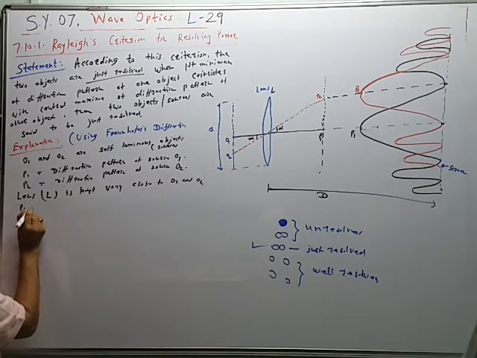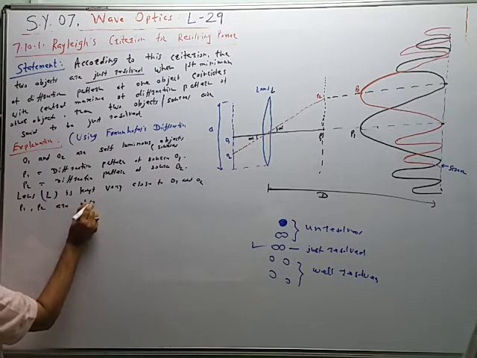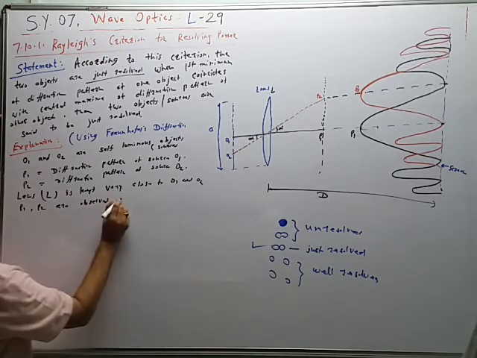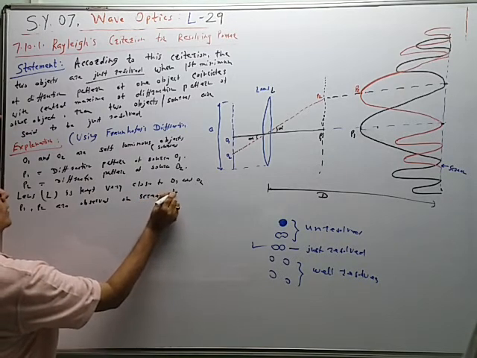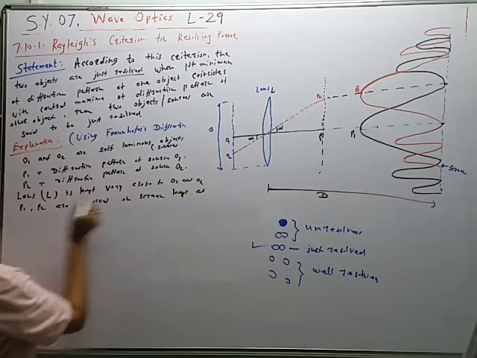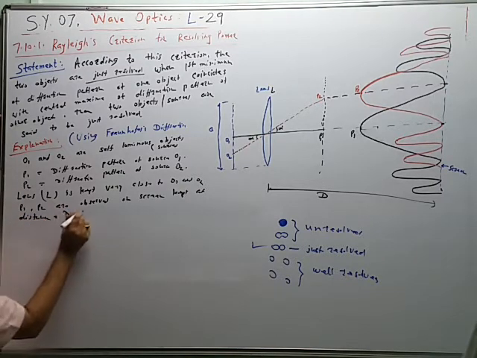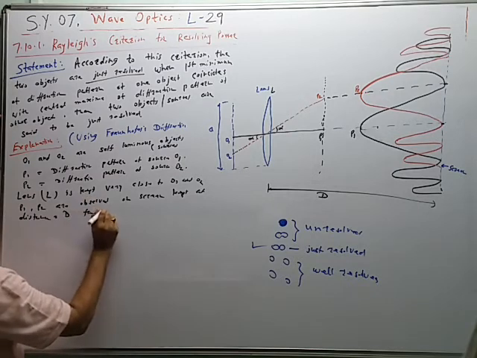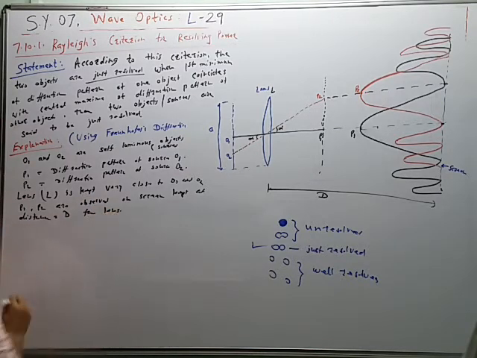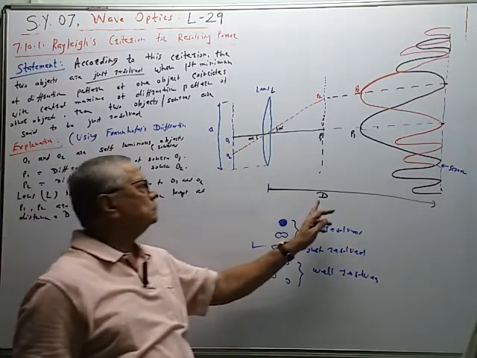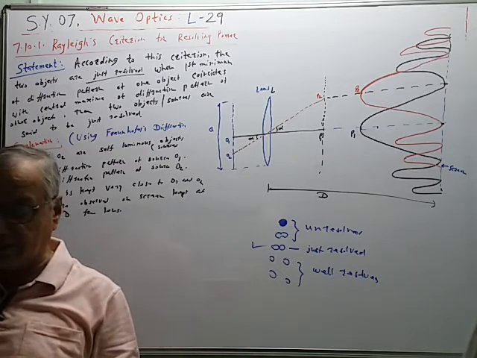P1, P2 are observed on a screen kept at a distance equal to capital D from the lens, this D, like this. So these are the various distances.